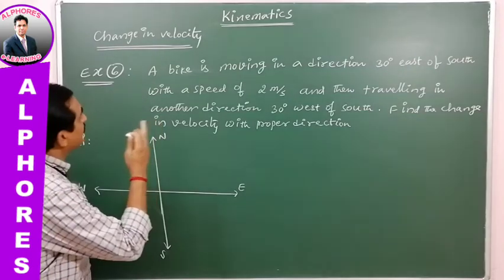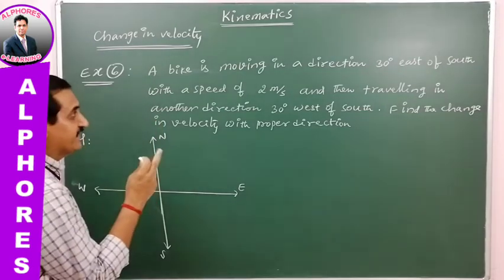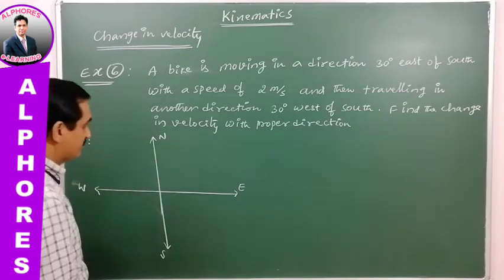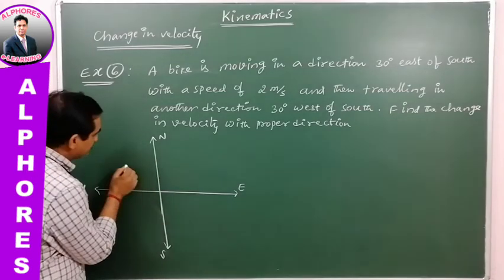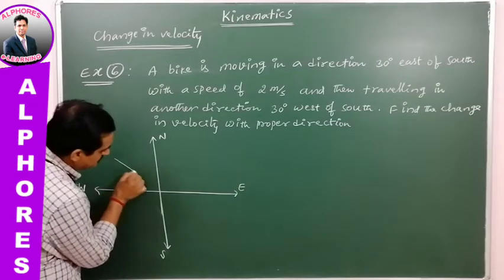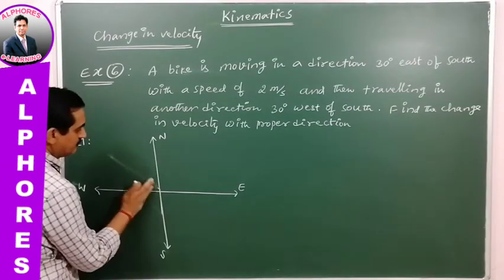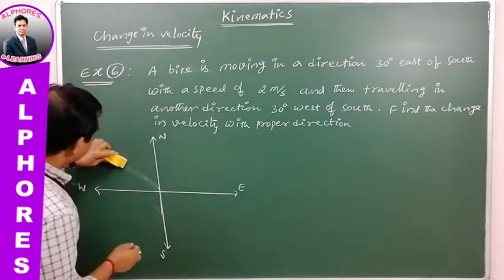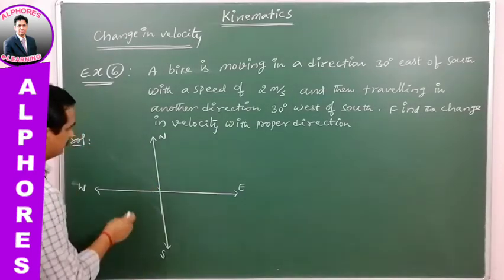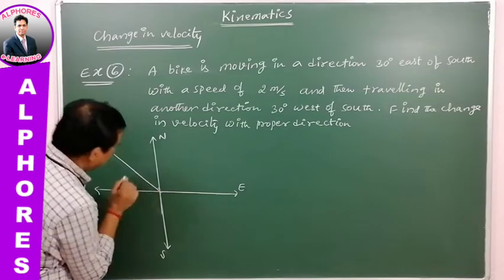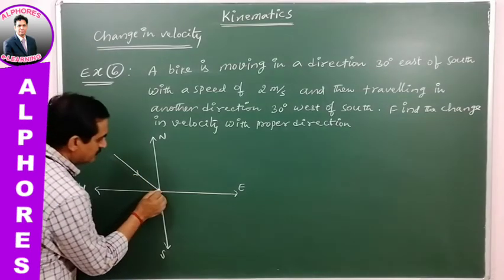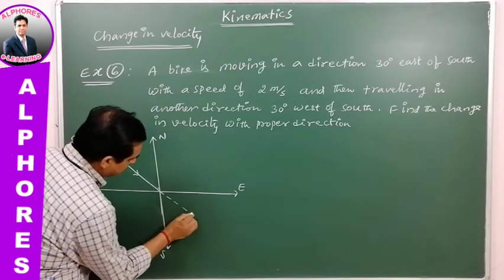So initially the point mentioned, the bike is moving in a direction 30 degree east of south. 30 degree east of south means, we extend this.